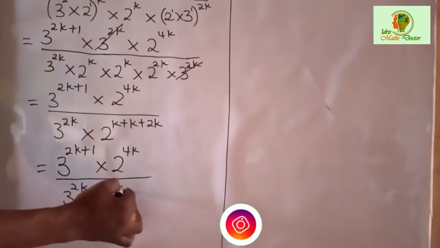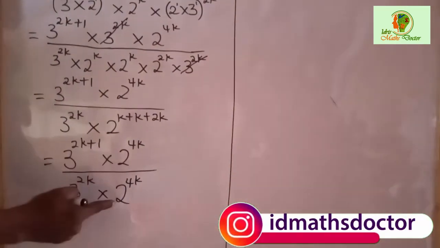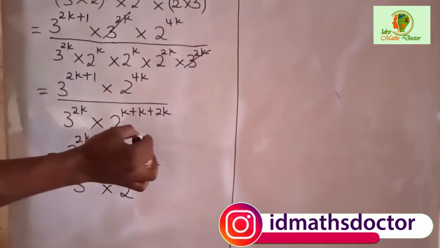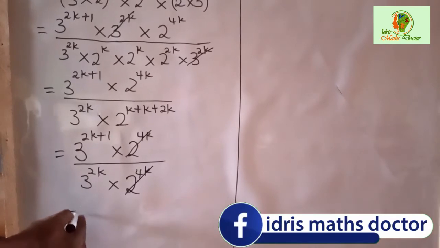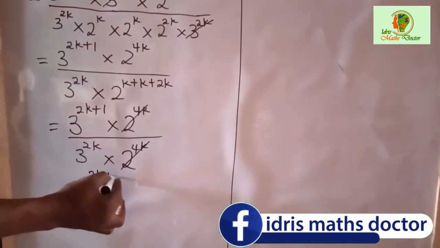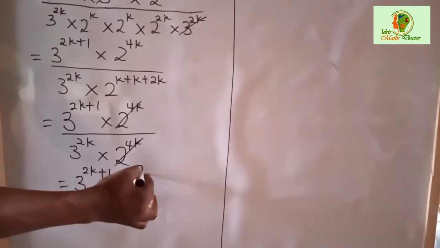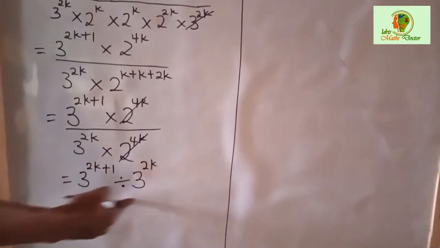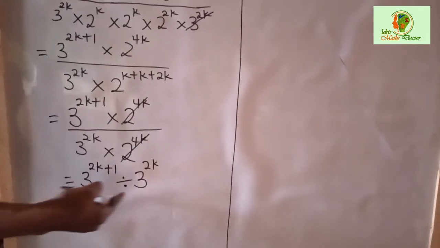When you look at this and this, they are the same. So we cancel out. We are left with what? 3 raised to power 2k plus 1 divided by what now? 3 raised to power 2k. And I believe here we can apply law number 2, the division rule. Since the bases are equal, we are going to pick 1. Yes, 3 and this 3.